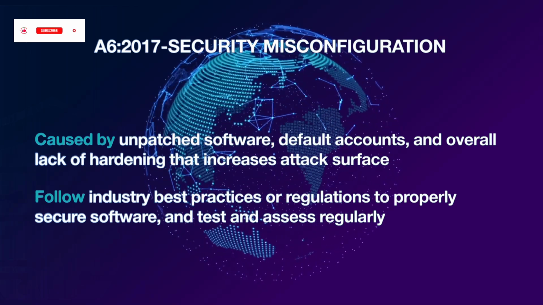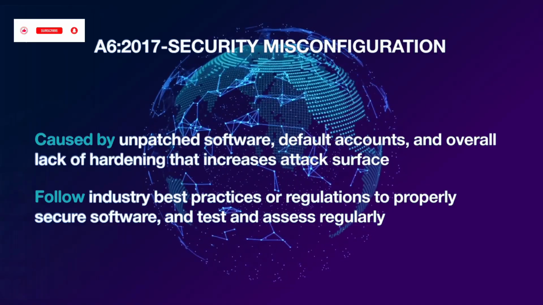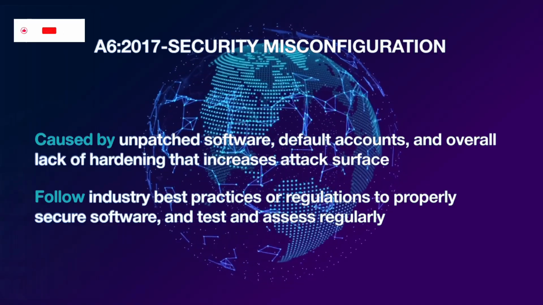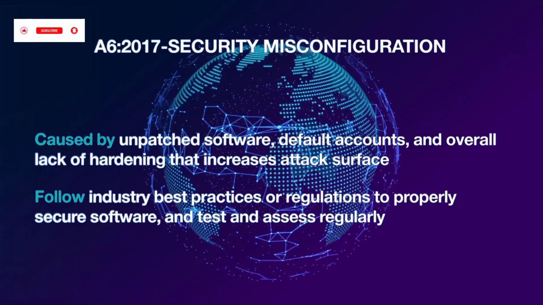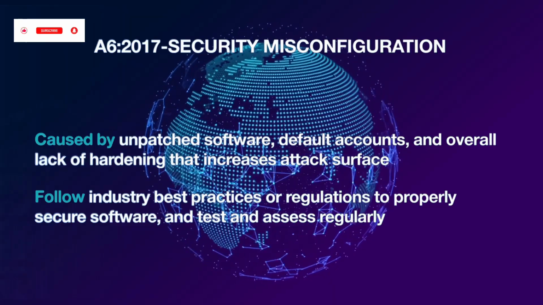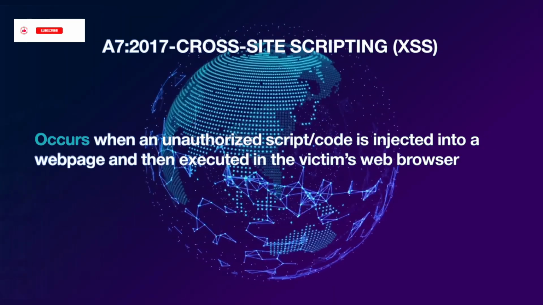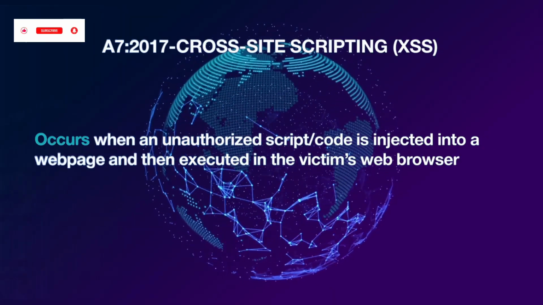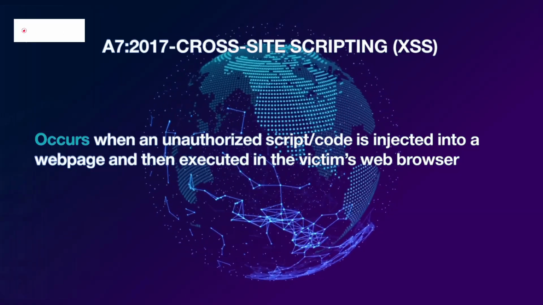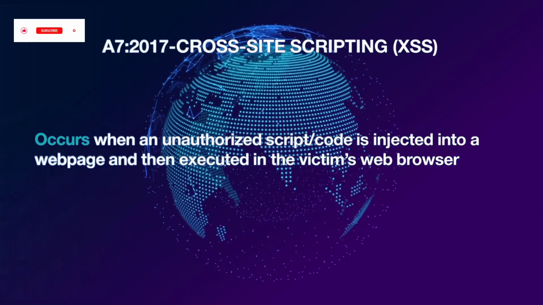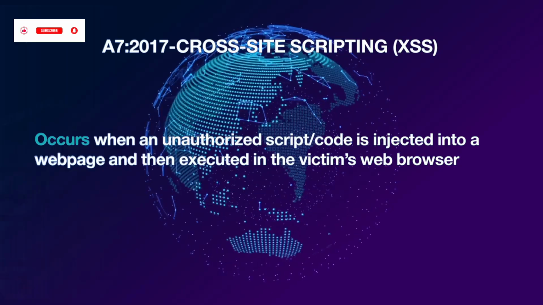And we want to regularly test and assess that software to make sure that it's compliant with organizational governance and it also meets industry best practices as well. So this one is pretty straightforward, and that takes us to number 7, which is cross-site scripting.